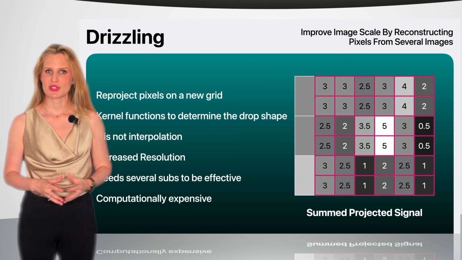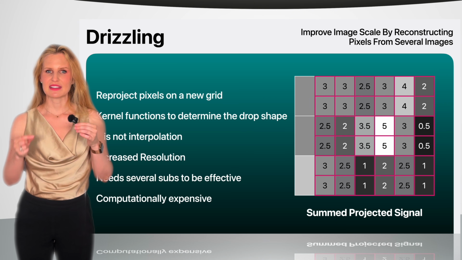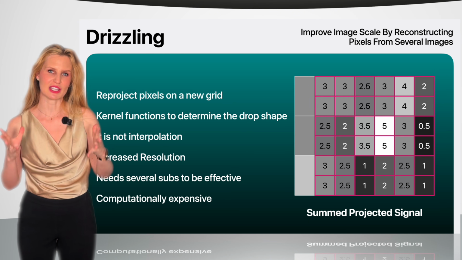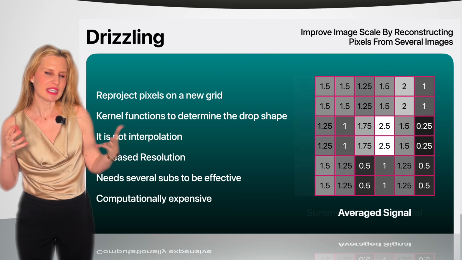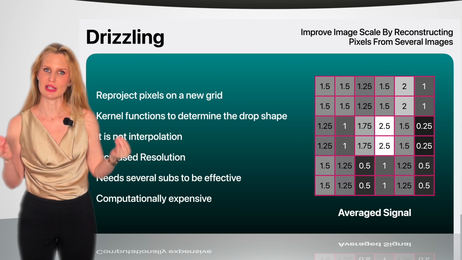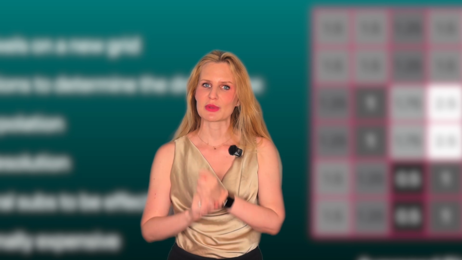As we combine the two, we start to fill in shades and values that weren't truly captured in either image alone. And that's the key. Drizzling only works if your images are slightly misaligned from each other, which is why dithering during acquisition is essential. With just 2 images, we already begin to recover more detail.